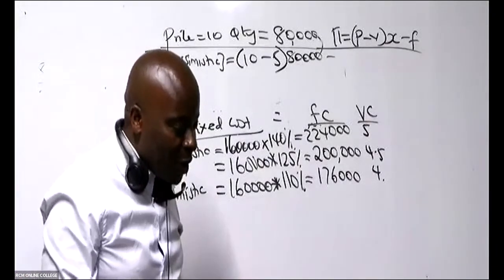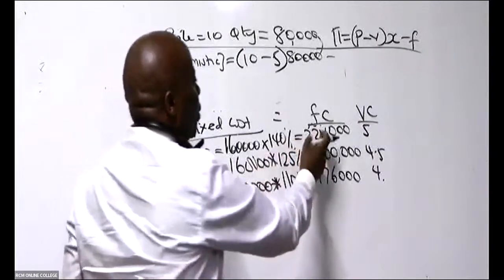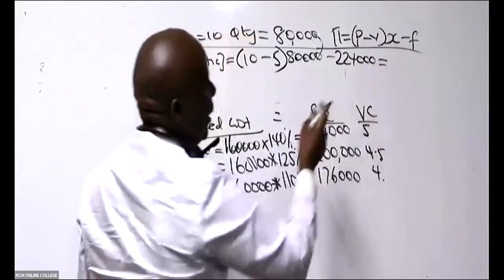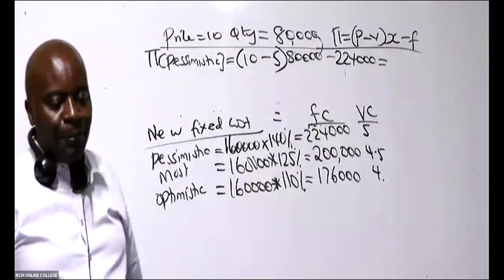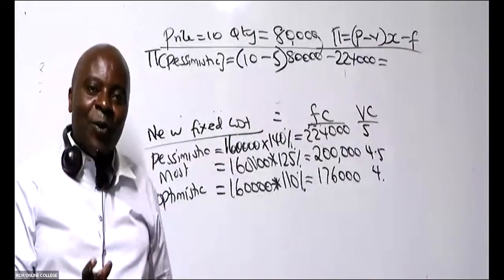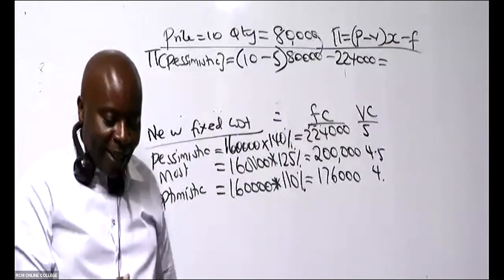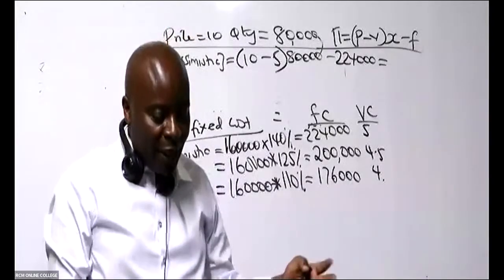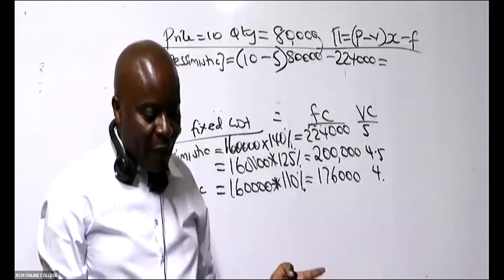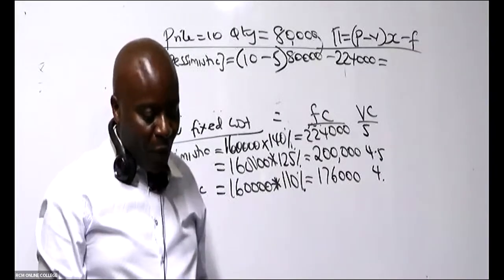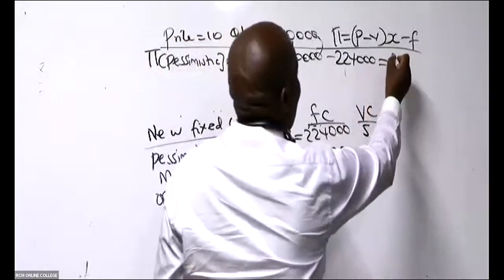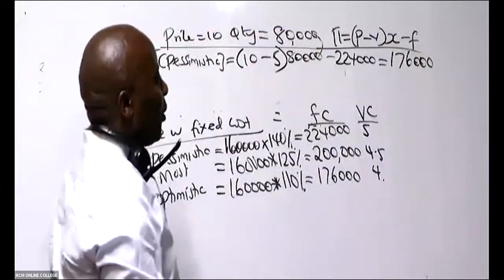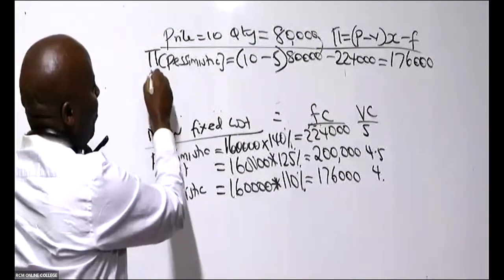The pessimistic fixed cost is 224,000. Could you give me this profit? These are subjects I've never understood why students fail. It is the easiest subject in CPA. Everything is being given to you. The answer is 176,000. So long as you reason as a senior manager, you pass.